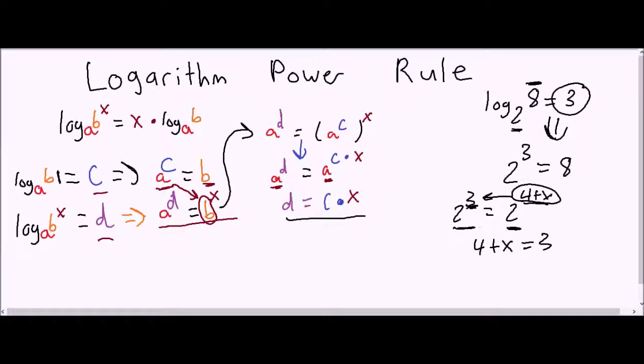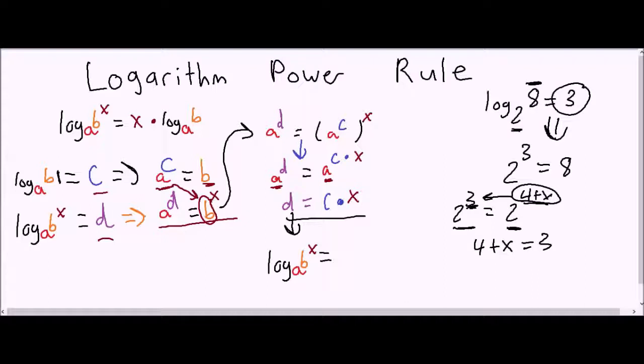Now here's where the final part of the proof comes in. We have this expression d equals c times x. But what do we know d is equal to? Well, d is equal to log base a of b to the x. And what is c equal to?